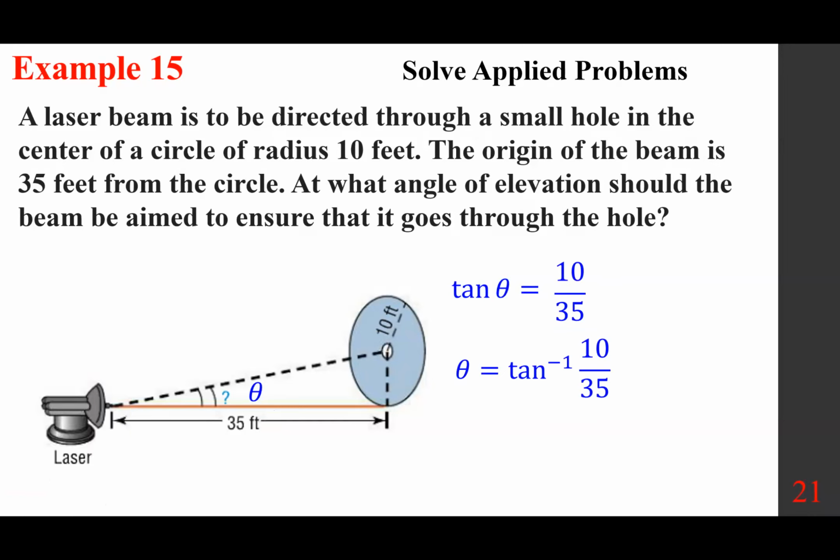Everybody knows that I can get rid of the 5 and make this 2 and this 7. So tan inverse of 2 over 7. Using a calculator results in 15.9 degrees.